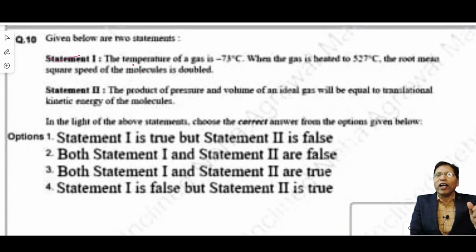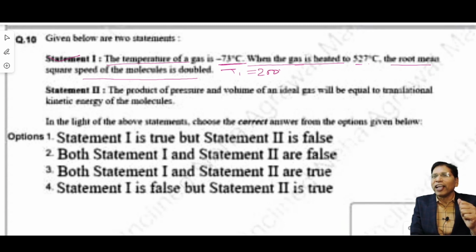Statement 1. The temperature of a gas is minus 73 degrees Celsius. When the gas is heated to 527 degrees Celsius, the root mean square speed of the molecules is doubled. Now T1 is minus 73 plus 273, so this is 200 Kelvin.